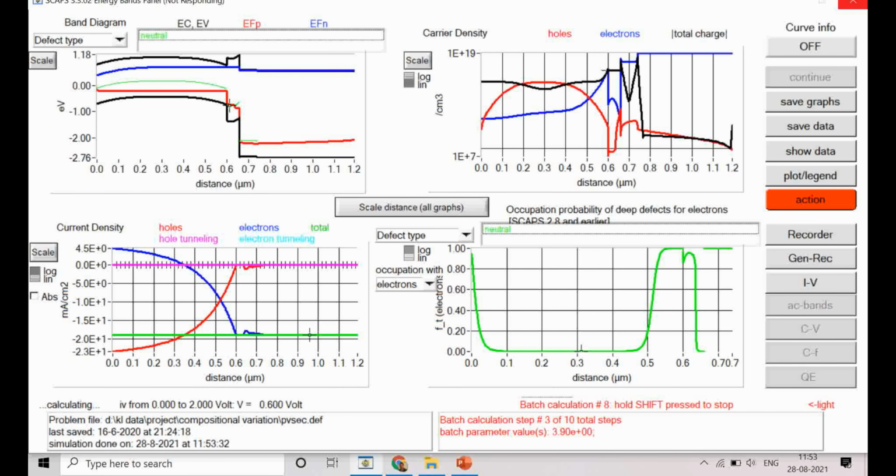What role does this barrier play in conduction of electrons and in controlling the interfacial recombination? These two things become hugely dependent upon this interface barrier.